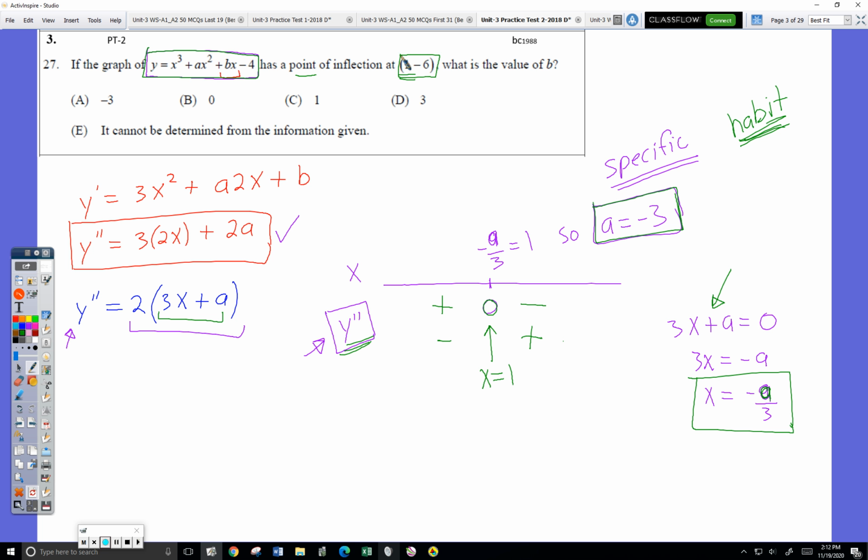When y is -6, x is 1. We already figured out A was -3. We don't know B. We get that?